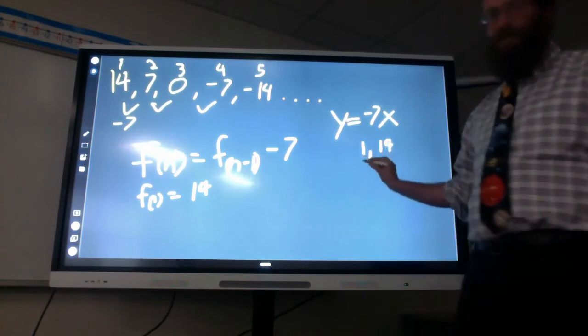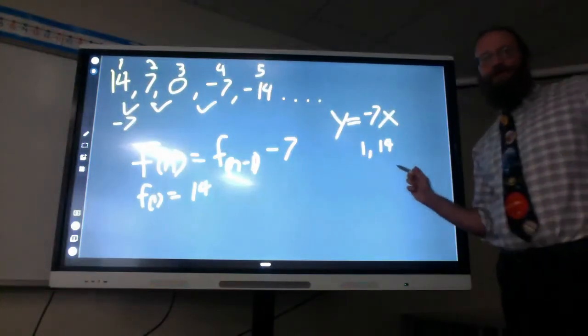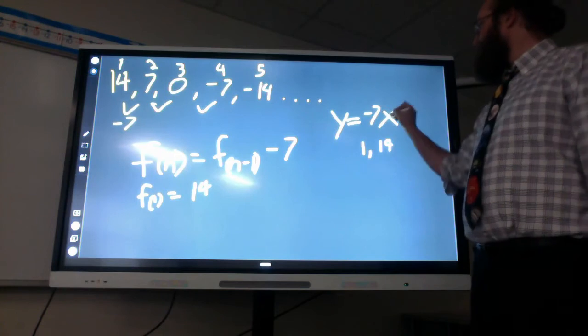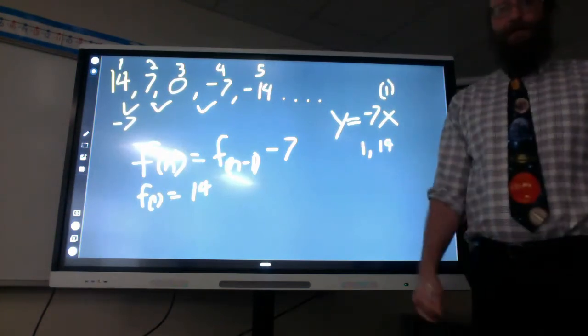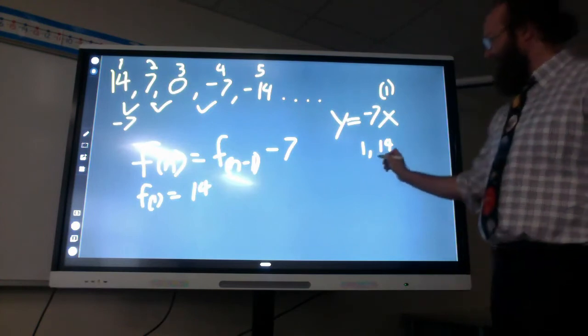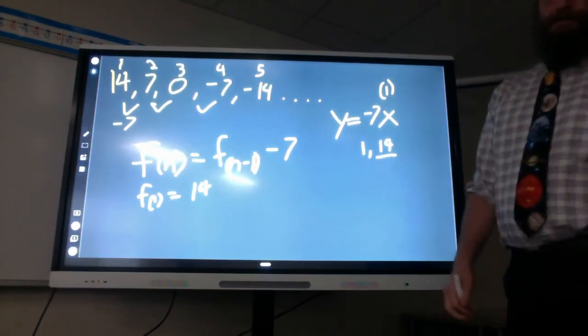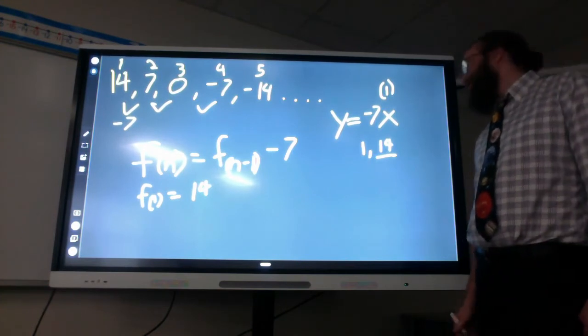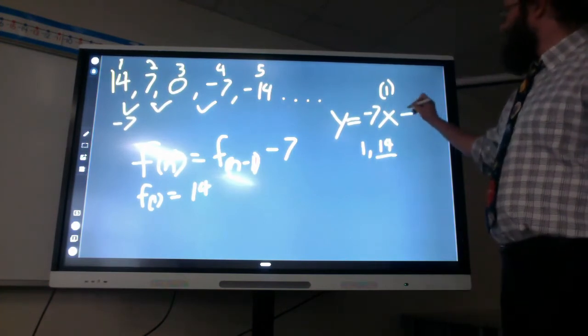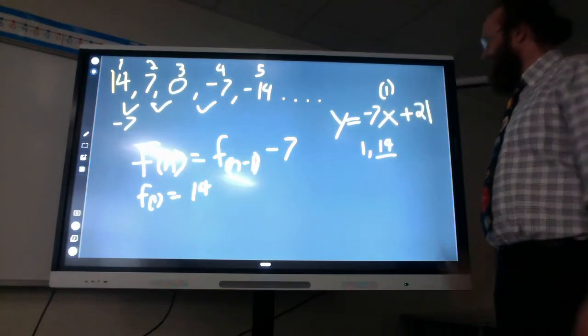Our first step is 1. Our first y value should be 14. When I plug in a 1 here, negative 7 times 1 is negative 7, but we need it to equal 14. So negative 7 plus what equals 14? Negative 7 plus 21 equals 14.